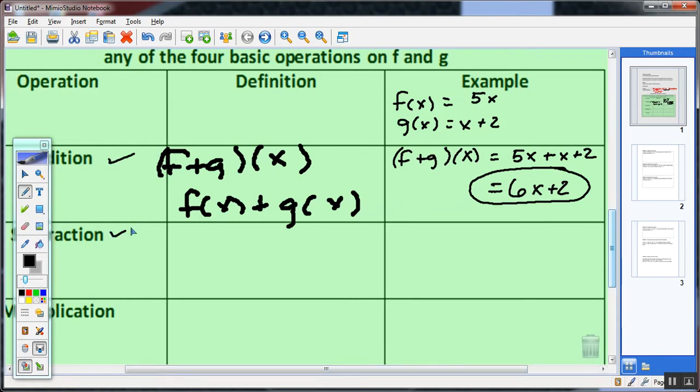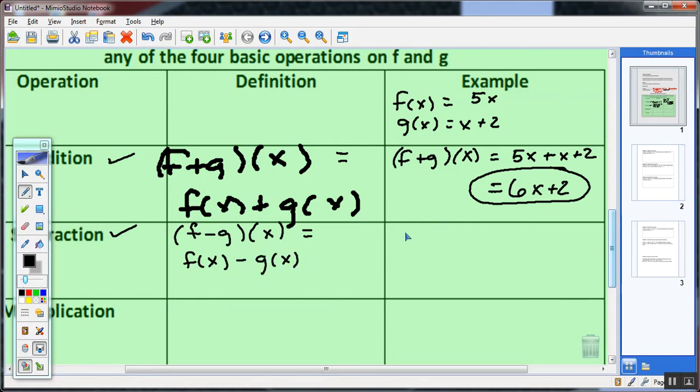If I get down here to subtraction, anybody maybe have a rule for what subtraction of f minus g of x would look like? Anybody have a guess? f of x minus g of x.